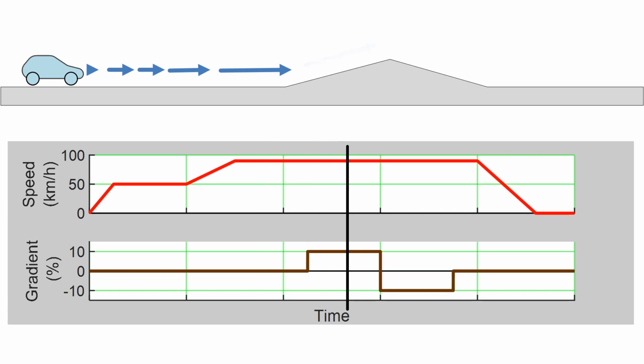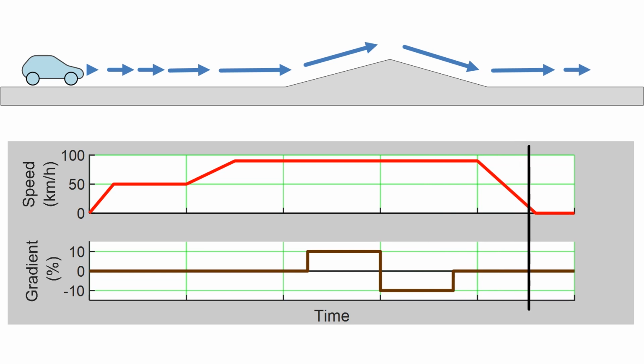It reaches an uphill gradient but keeps the speed, then drives downhill still at constant speed. It continues a short time on a flat road at 90 kilometers per hour, then decelerates to a low speed, and finally comes to a complete stop.